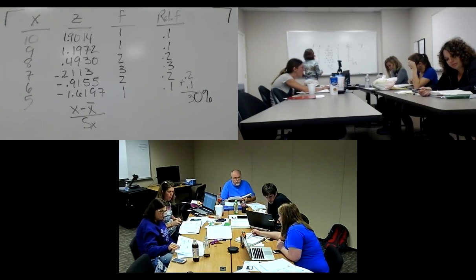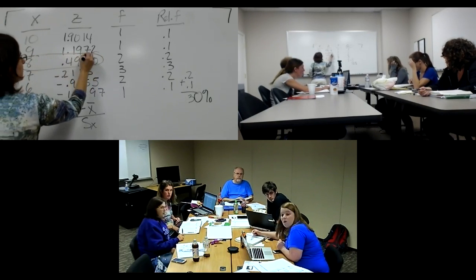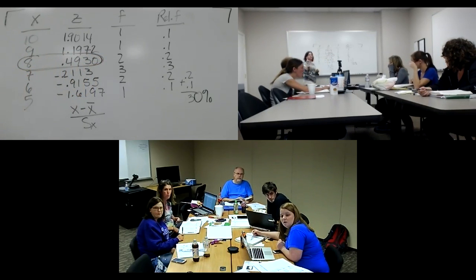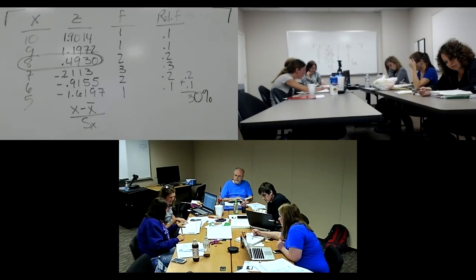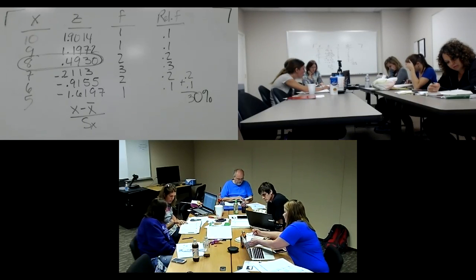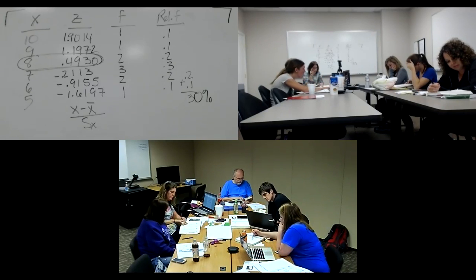0.49. If we're looking at this one right here at the 8, it's only carried out to 2 decimal places. So what z-score are we going to look up? 0.49, perfect. So you're going to go to the z that is 0.49. And we know that the area under the curve between the mean and our z-score of 8 is 0.1879.